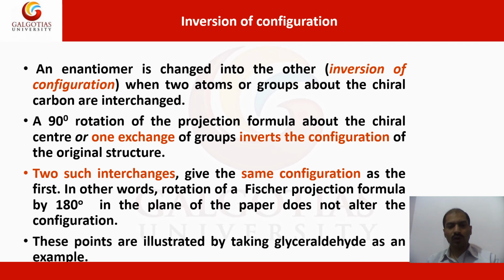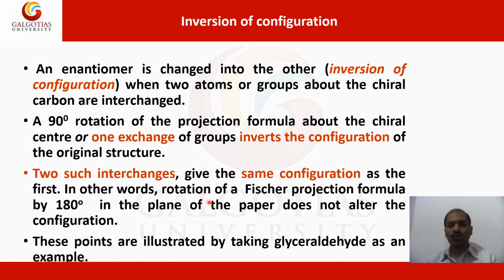Some terminology is like inversion of configuration. An enantiomer is changed into the other form when two atoms or groups about the chiral carbon are interchanged. If you are interchanging, then that interchange can be like a 90-degree rotation of the projection formula about the chiral center, or one exchange of groups inverts the configuration, while two such interchanges give the same configuration as the first.